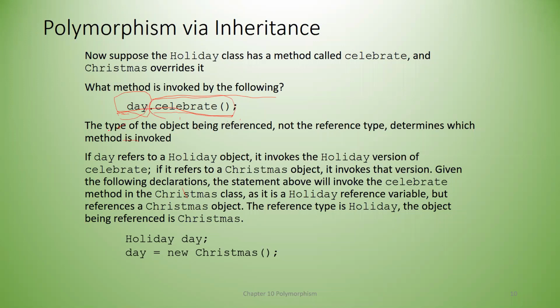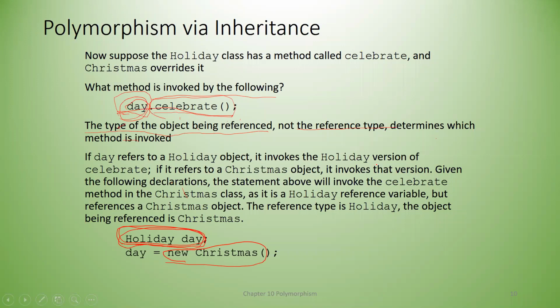Whatever object this is, the type of the object being referenced, not the reference type, determines which method is called. So here, what type of reference is this? The type of reference is holiday, but what object is being referenced? Christmas. Does that make sense?